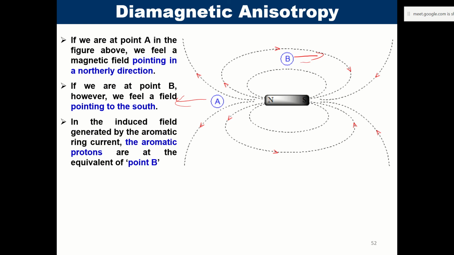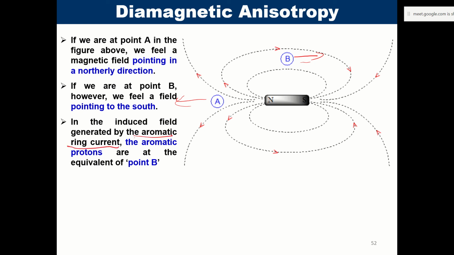So this is the case that can happen with any magnet. Even these electrons in circulation will also behave something like this. The electrons are moving in a ring-like pattern, an aromatic ring current, you can imagine.